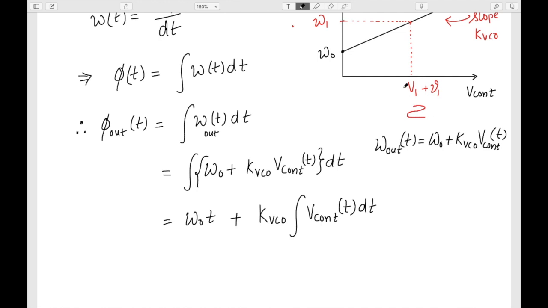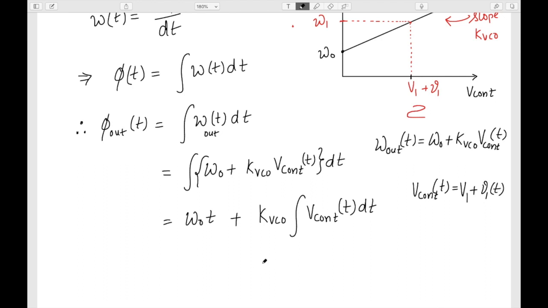Okay, so now if you see the V cont here, V cont(t) in this case is V1, which is again a constant DC. This is the DC biasing condition. Plus we have only the small v1(t) which is changing with time, the small signal basically.